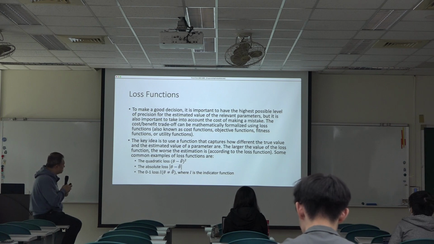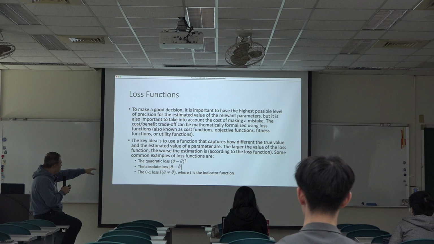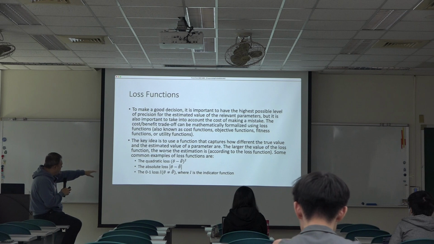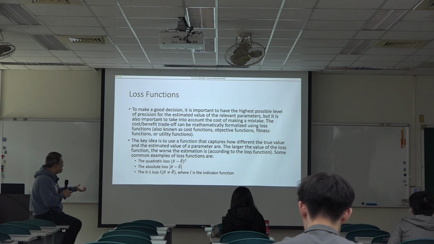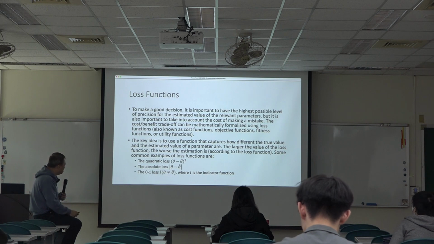Quadratic loss: normally we take the squared difference and divide it by the number of samples. Absolute loss: we take the summation of the absolute differences and divide by the number of samples. For the 0-1 loss, we just count the number of samples where the prediction is different from the data, so that's like the indicator function.